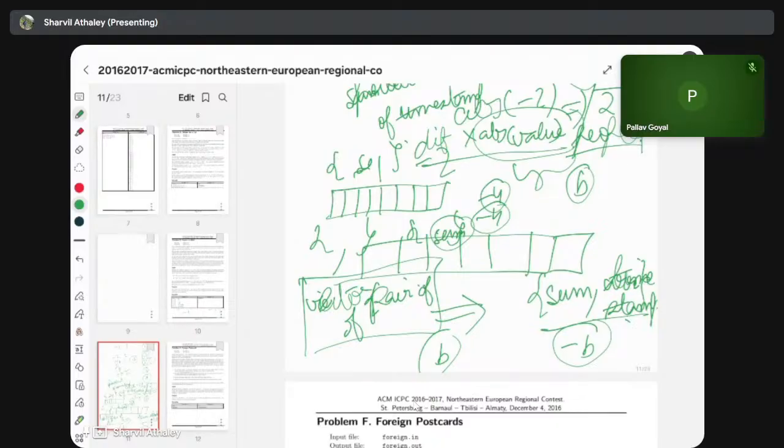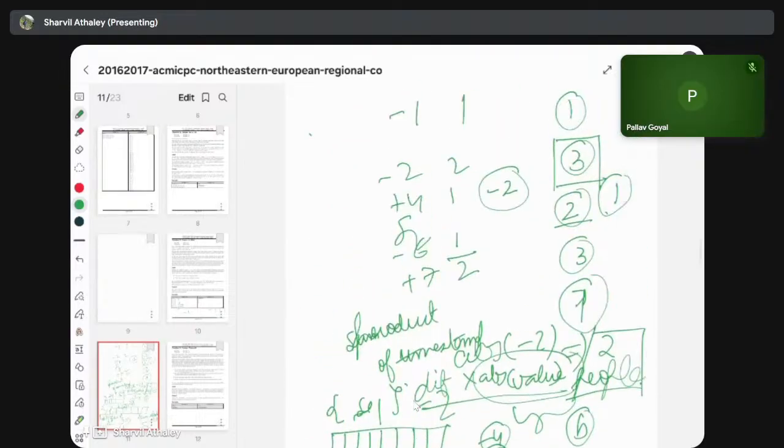So their product gives us the total amount, and we have to store their sum. Now when a particular b comes, our use case is only of minus b.